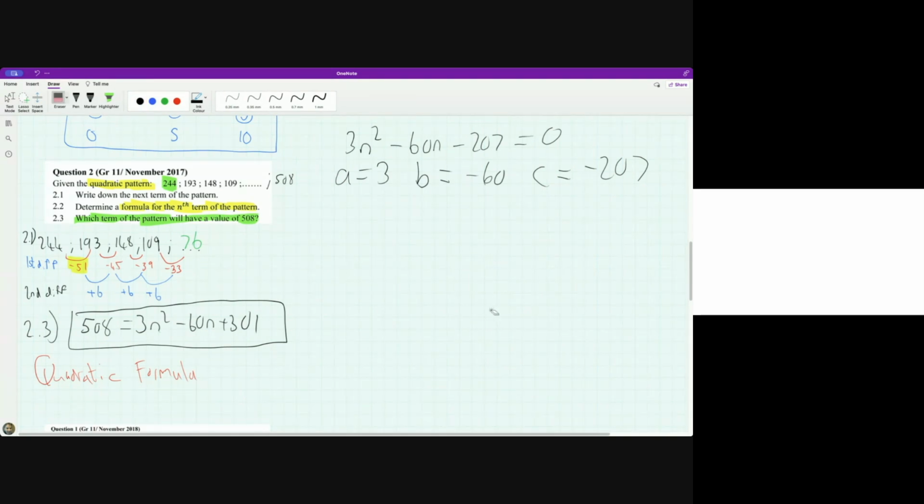Okay, next up, I want to know what the n's are going to be. Maybe in case you've forgotten what the quadratic formula is, it's on your formula sheet.